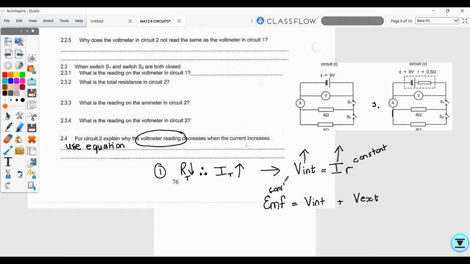Constant. The EMF must remain constant, but the battery is now stealing more energy. Is there still the same amount available for V external? No, so V external is going to go down. So therefore, V external decreases.